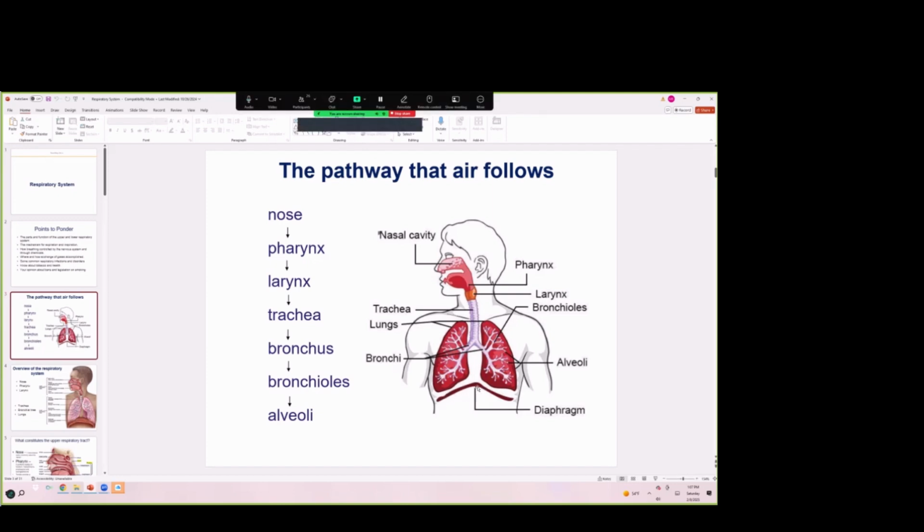Underneath it, there's a sheet of muscle called the diaphragm, and they reside in the pleural cavity. So the passage of air is from the nose through the pharynx, the larynx, and then the trachea, the bronchi, the bronchioles, and the alveoli.